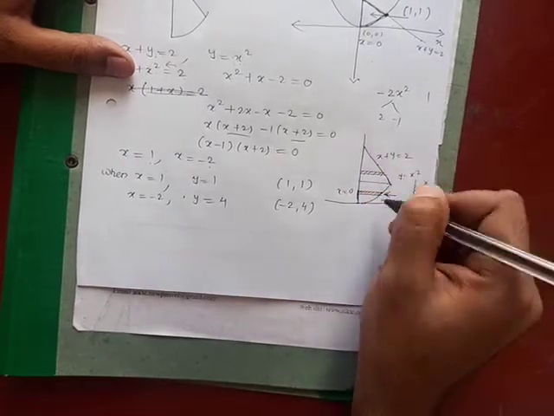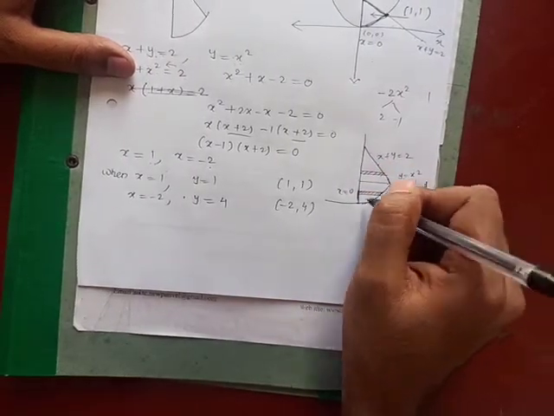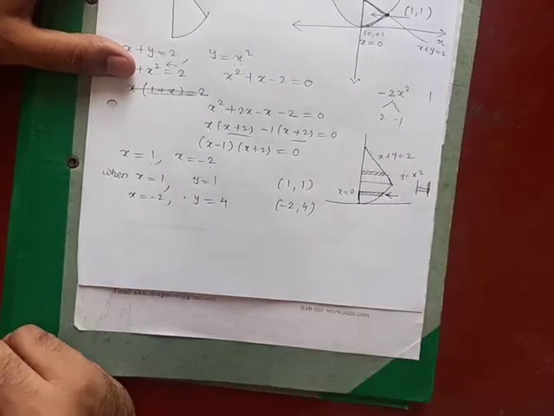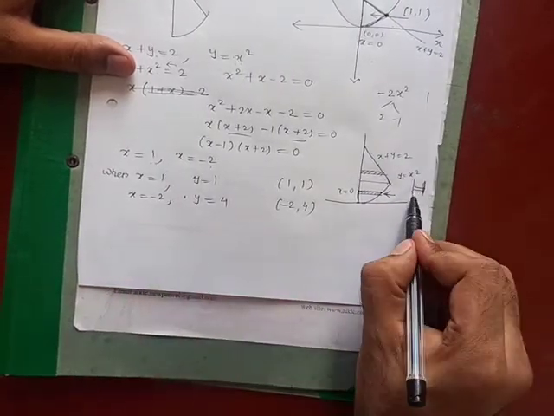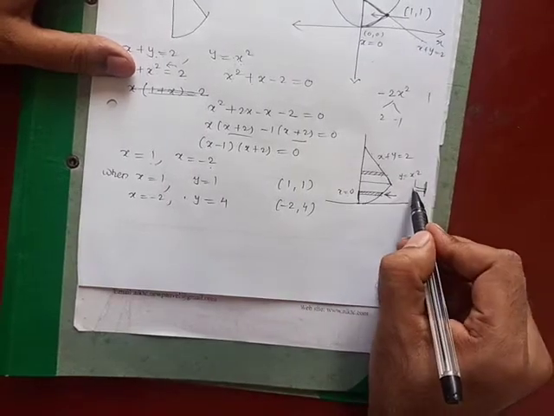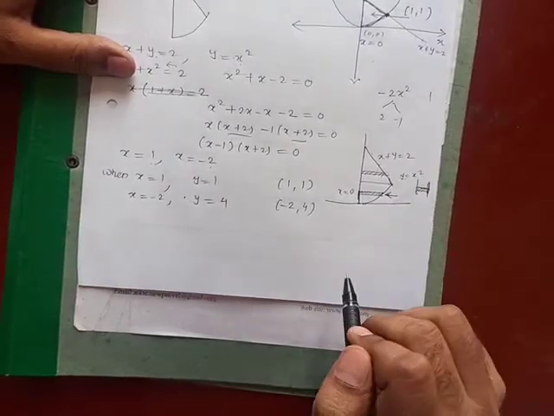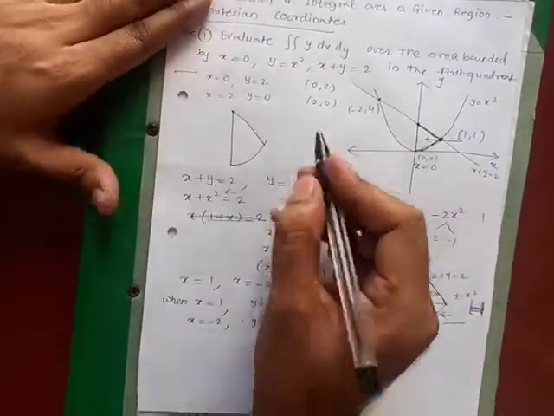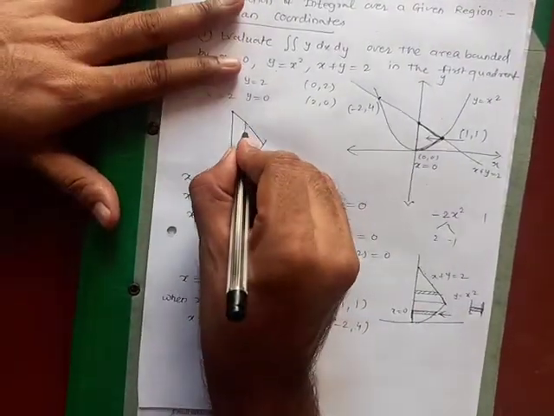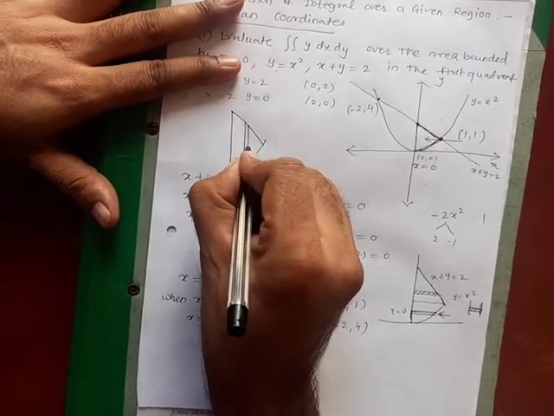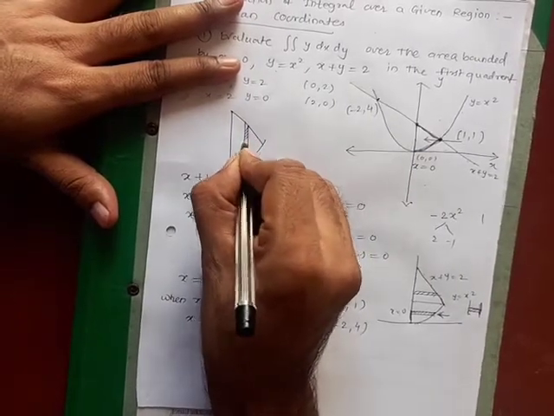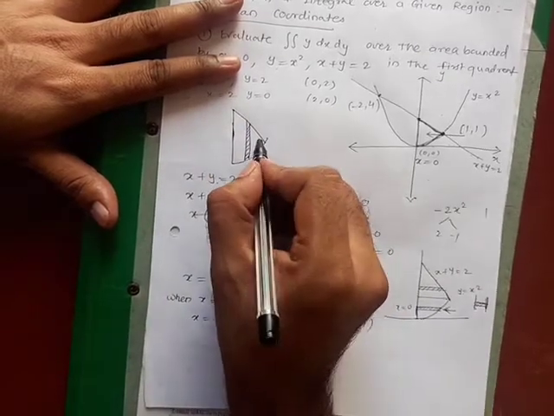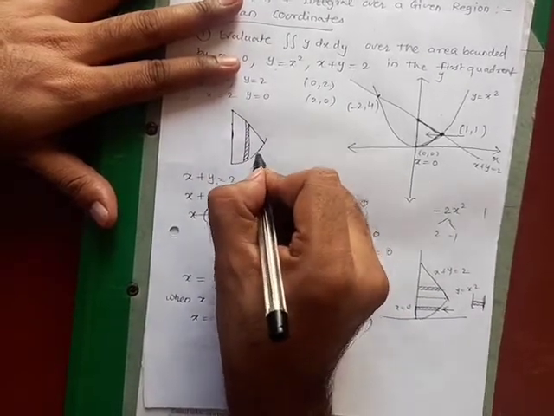So अगर हम लोग, if we take a strip parallel to x axis, then we have to divide this region into two sub regions. Why? Because the strip can only travel on two curves, right? And therefore in this case, if I take a strip parallel to y axis, then from this point to this point, it is only moving on these two curves.